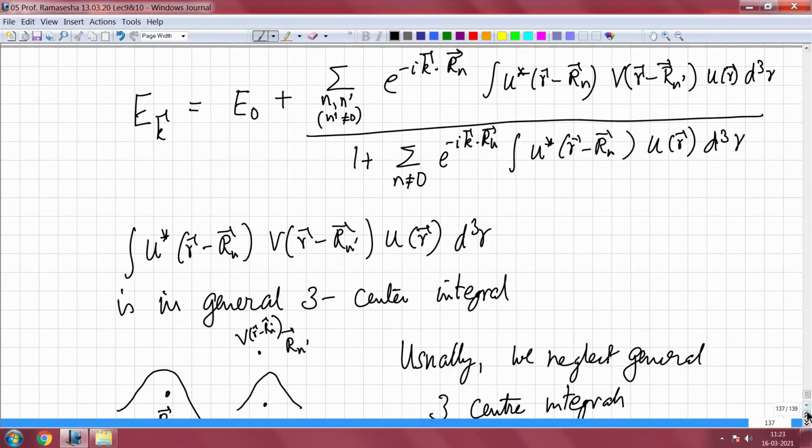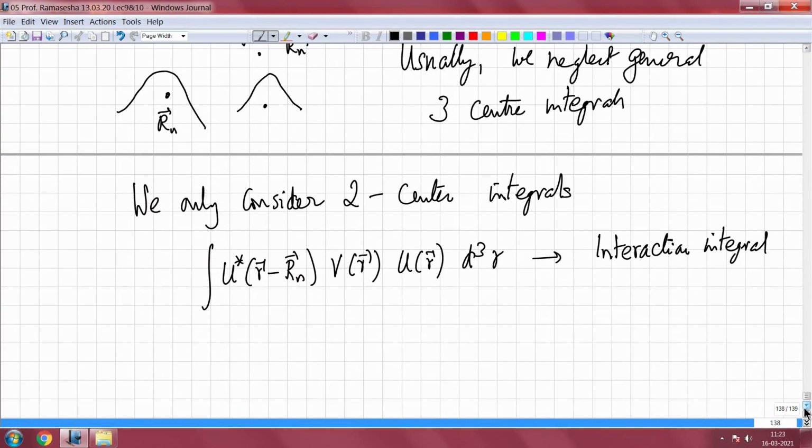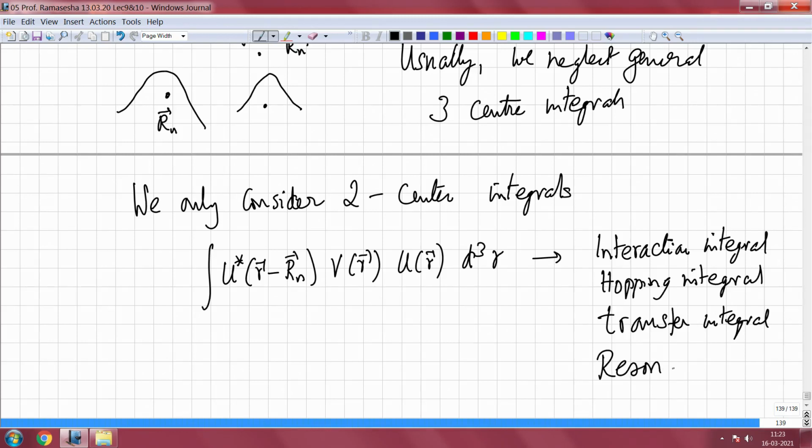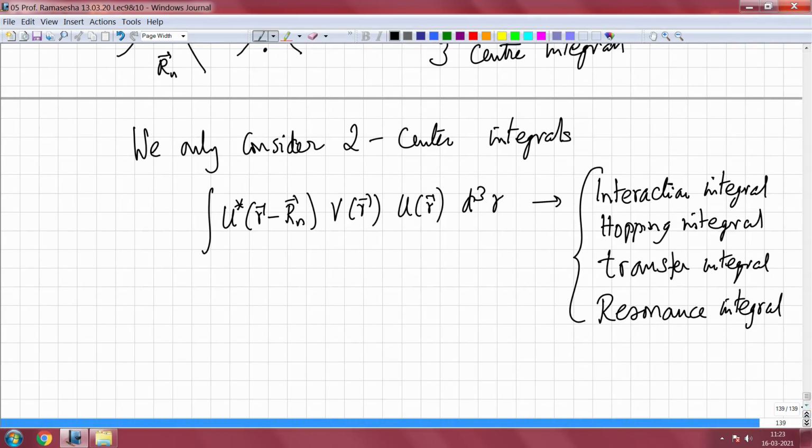So this is the interaction integral, hopping integral, sometimes called transfer integral, and chemists call it resonance integral. It has got many names. So, let us represent this by J.